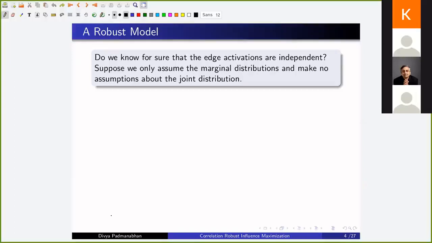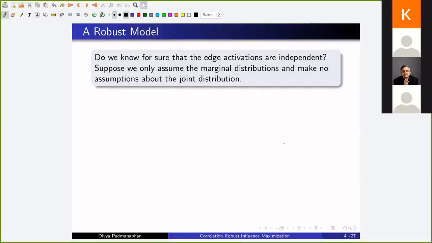There are some possible correlations that could arise between these edge activations. This is also something you see everywhere, even in politics, where people feel very strongly about some particular party and so on. So the independence assumption may not always hold in practice.